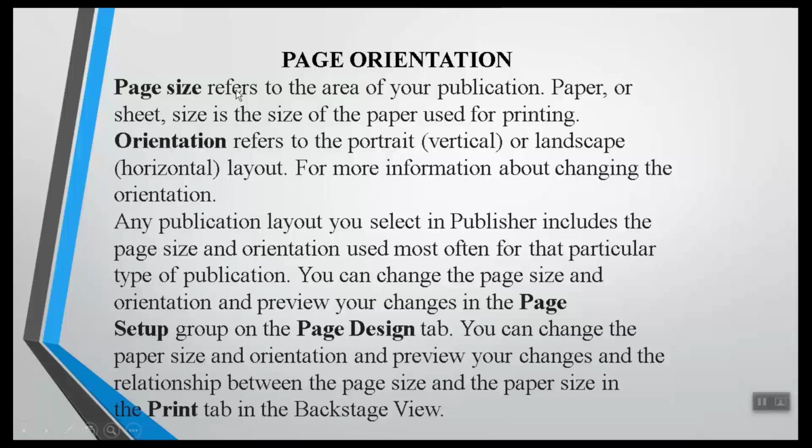The page size refers to the area of your publication, the paper or sheet size, which is the size of the paper used for printing. Orientation refers to portrait, which is the vertical layout, or landscape, which is the horizontal layout.